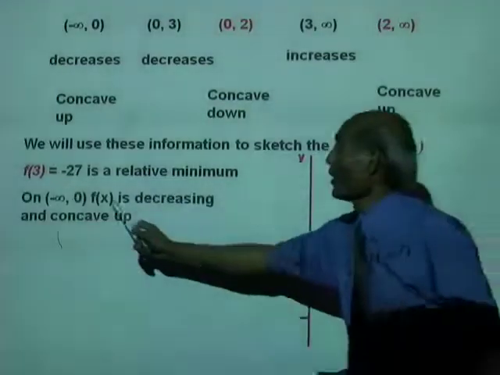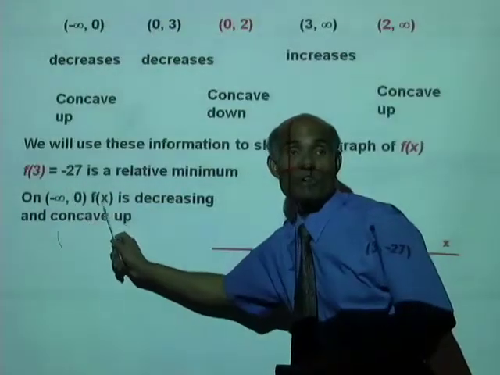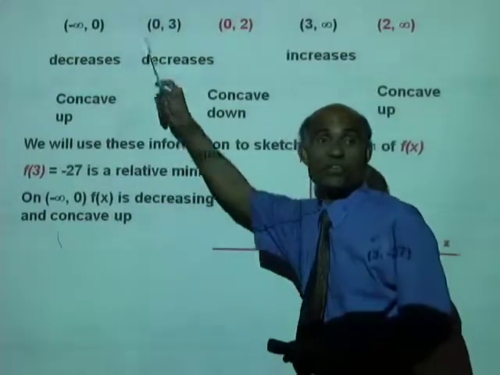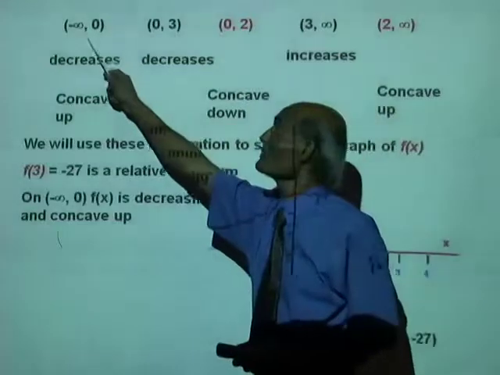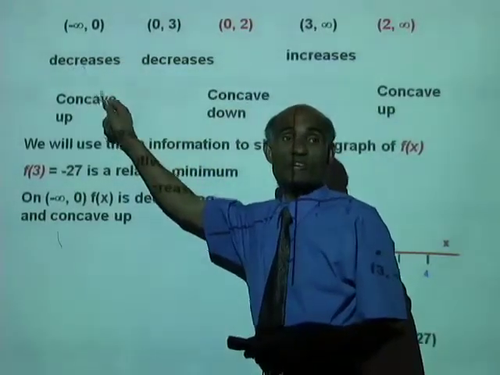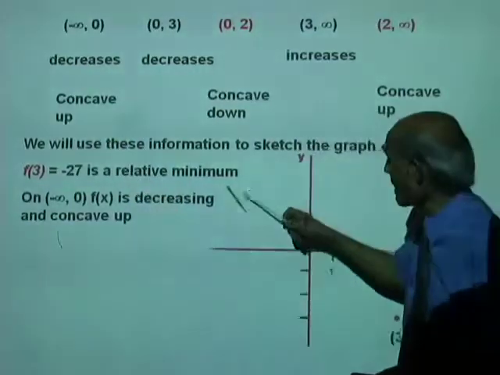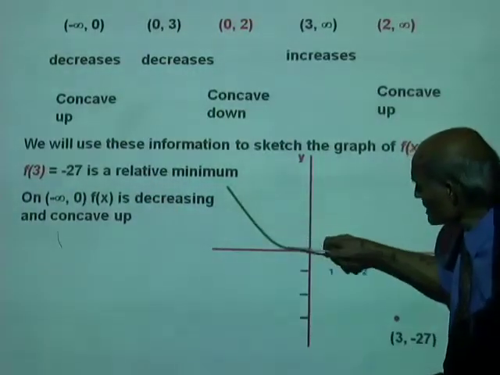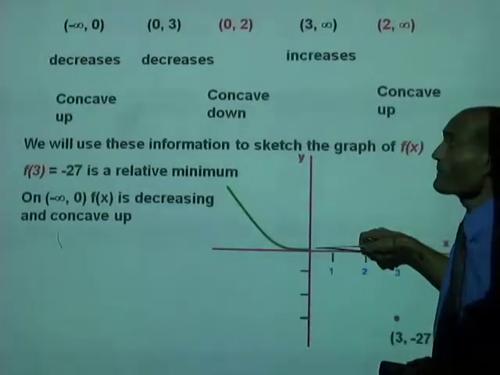And then on negative infinity to 0, f of x is decreasing. Look at this. You've got to combine this. At negative infinity to 0, the function is decreasing and concave up. Look at the graph. It's decreasing and concave up.